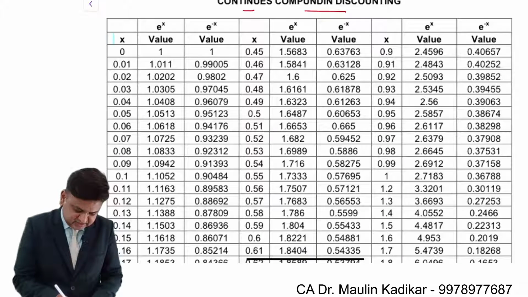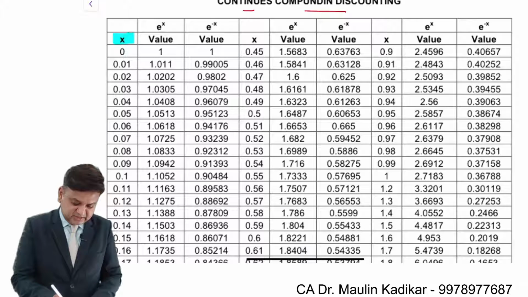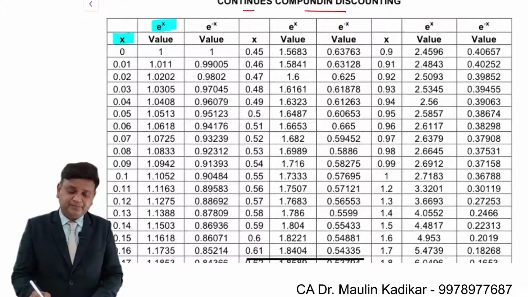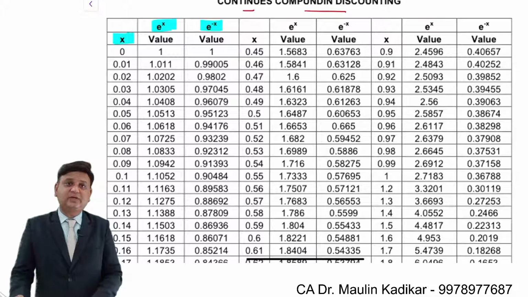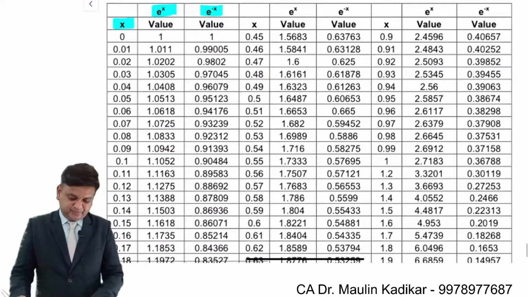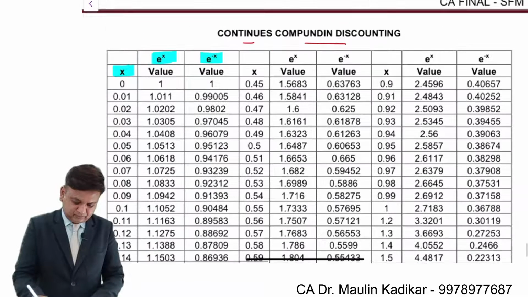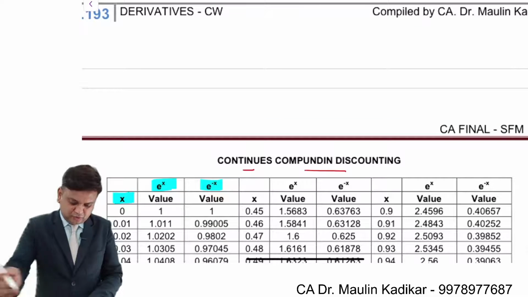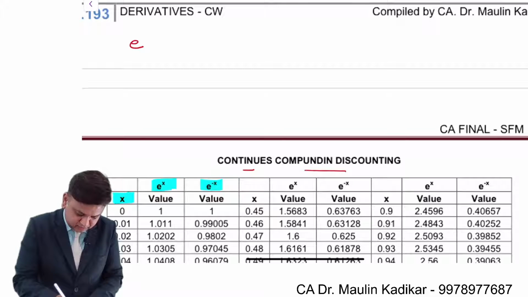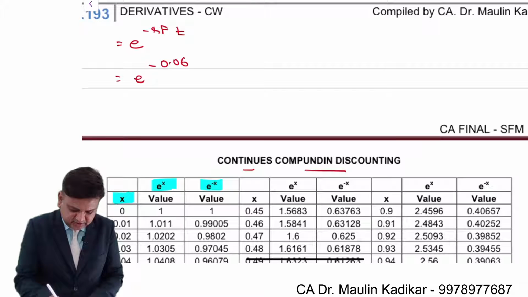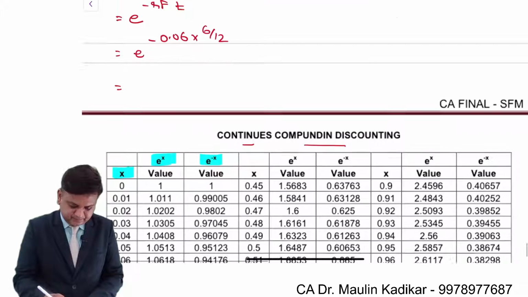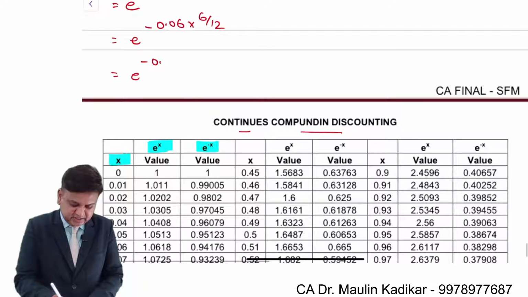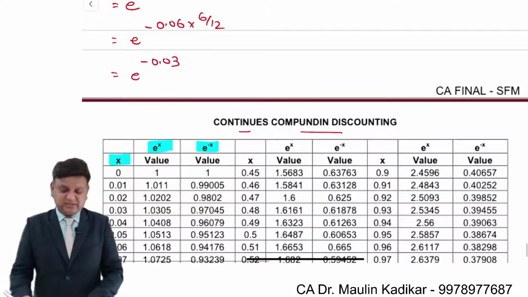Column number 1 is X, column number 2 is e raised to positive X, and column number 3 is e raised to negative X. As I've explained, it is e raised to negative RF into T, e raised to negative 0.06 into the time period of 6 months, so 6 divided by 12. So e raised to negative 0.03. This is what we have.